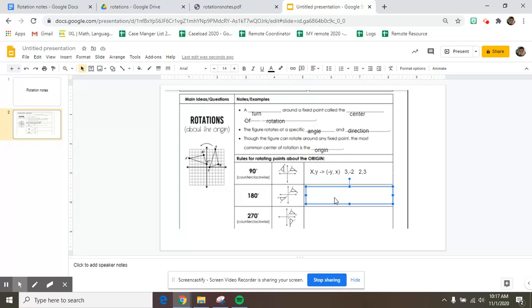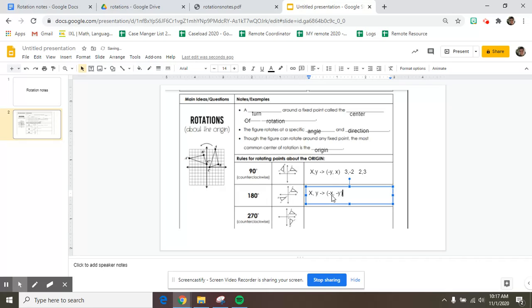Okay, for a 180-degree turn, this is 2 turns about the origin. You're going to take your point, X, Y, and it is going to go to -X, -Y.